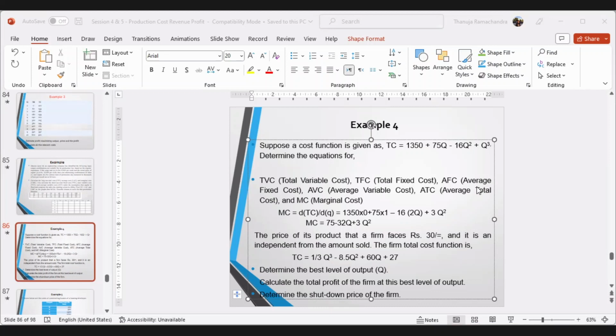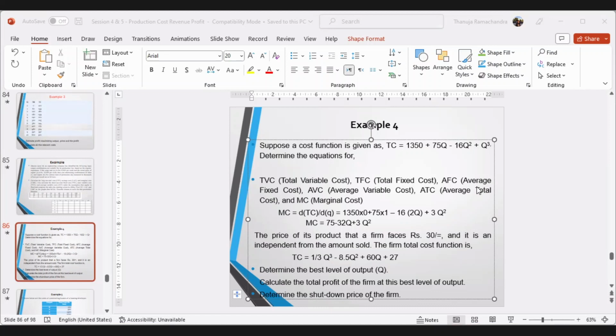The information given is that the price of its product that the firm faces is 30. P is 30. It is independent of the amount sold, so any output will be sold at 30 rupees. So the price is constant.